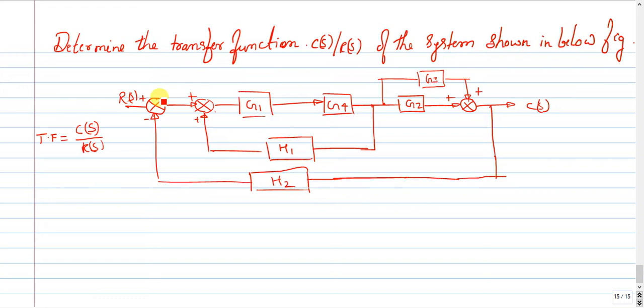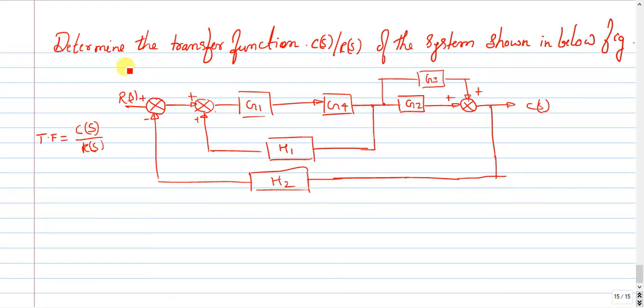If you observe, we have a total of 3 summing points and 2 takeoff points. In step number 1, if you are able to identify any blocks in series, you need to multiply them.